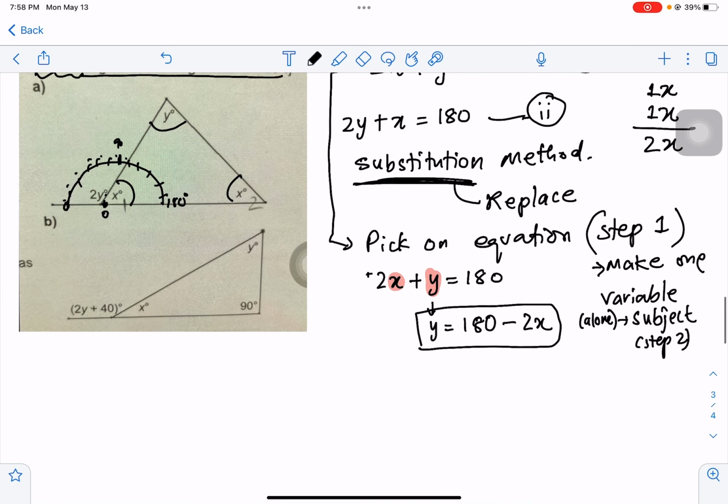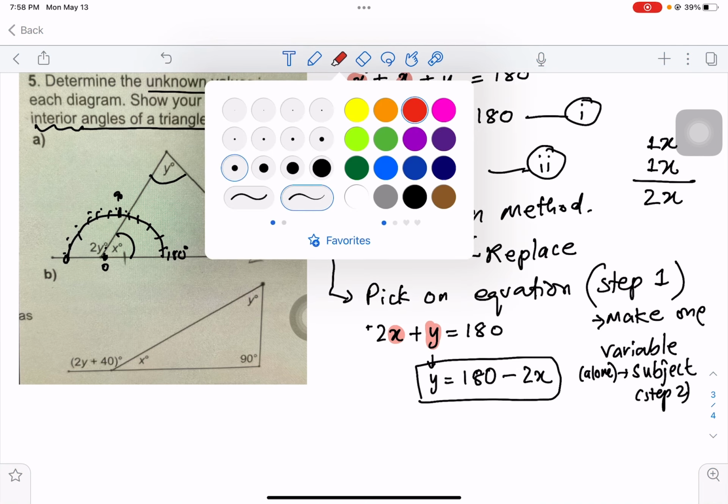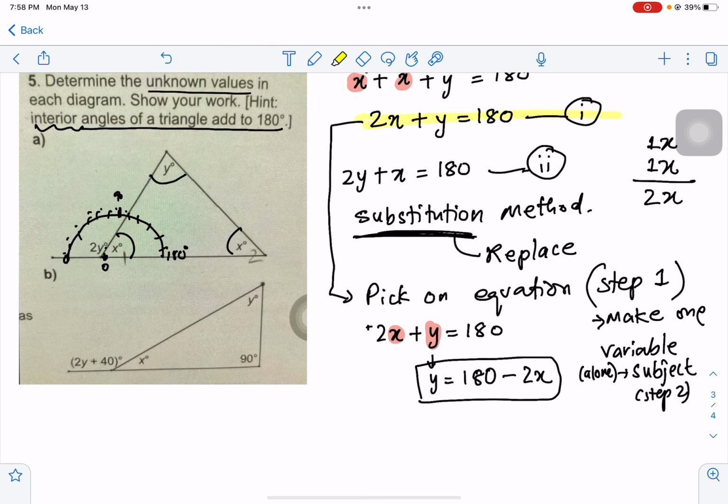Now you used one of the equations. If I highlight in yellow here, this was equation 1. I used equation 1 to shift terms so that one of the variables is alone. Now you had two equations, so the other equation you have to pick is 2y plus x equals 180. There you have to replace the y. See, y equals 180 minus 2x, so what does equal mean? They are the same, right?